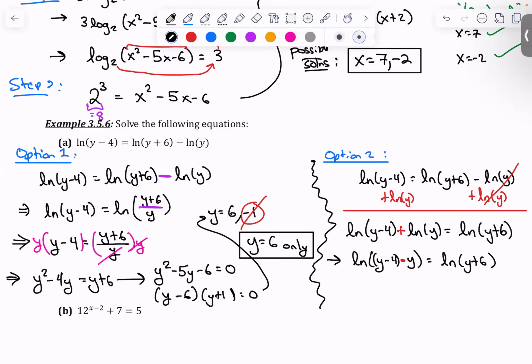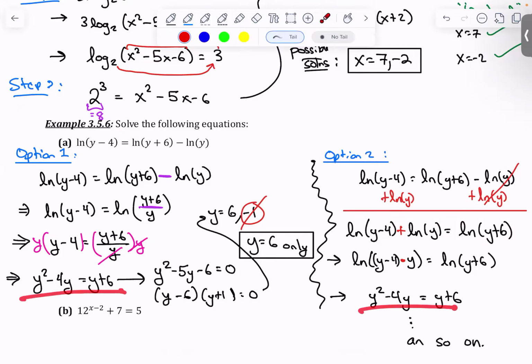But that means now we have natural log of something equals natural log of something else. We set the insides equal to each other. We get y squared minus 4y equals y plus 6, and so on. It ends up being the exact same equation.